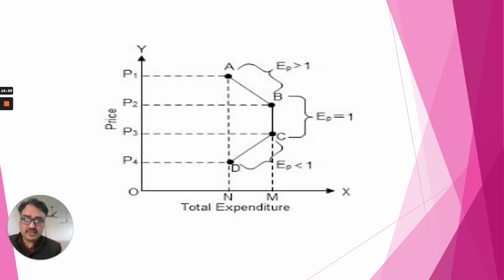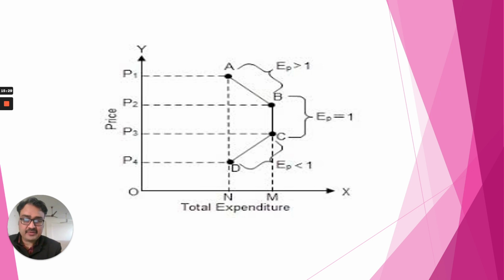This can also be shown with the help of a diagram. In the total expenditure curve, AD curve, there are three different slopes, DC, BC and AB. When the price is OP4, total expenditure is ON. It is shown in the diagram that when the price rises from OP4 to OP3, total expenditure also rises from ON to OM.